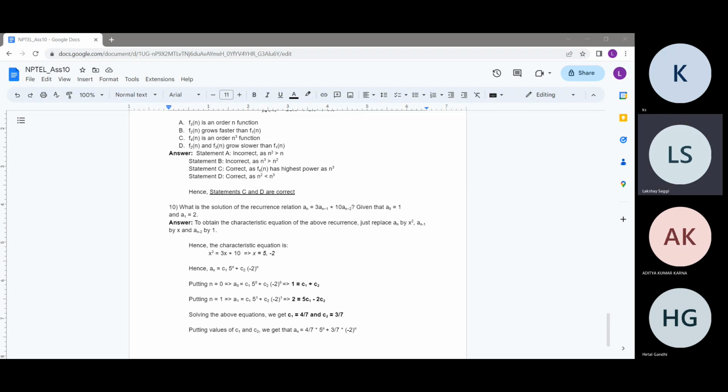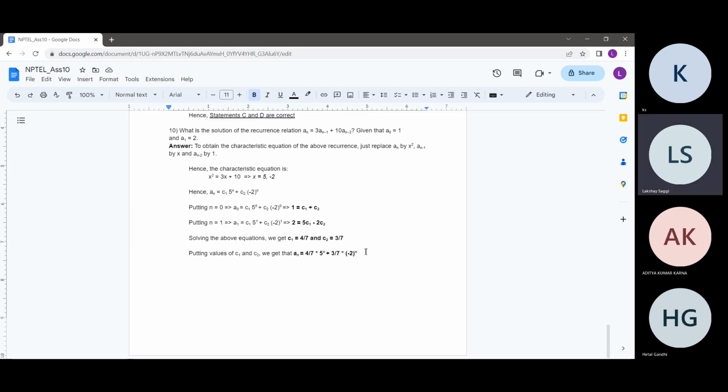So yeah, KS, you have also written in chat the answer is 4 by 7 5 to the power n plus 3 by 7 minus 2 raised to the power n. So yeah, your answer is correct. So this is the final answer, guys. I'll just underline this also. Okay, underlining it is bad as it makes. So yeah, this is our final answer.